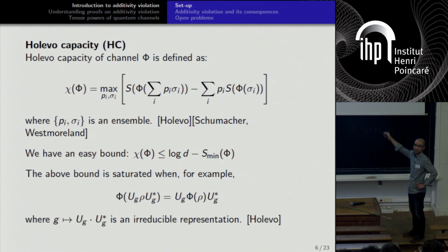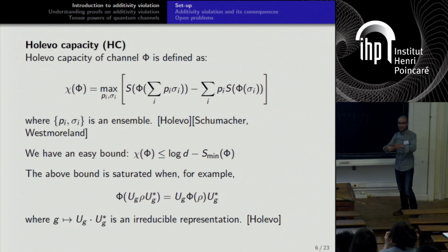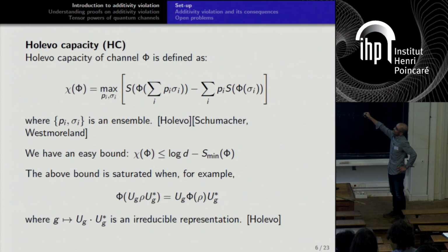To do so, suppose we are given some pure state, then we rotate it equally to have the average as identity. Then we get this log d. But suppose this rotation of the input commutes with these quantum channels, and then the output is also mixed by these rotations u. So then we are done.